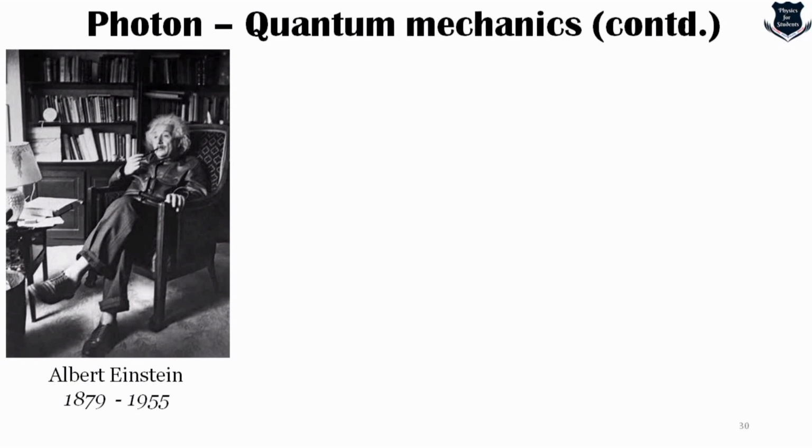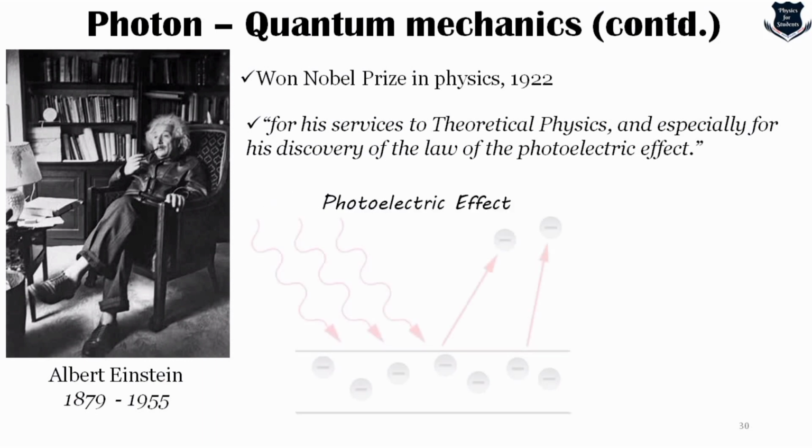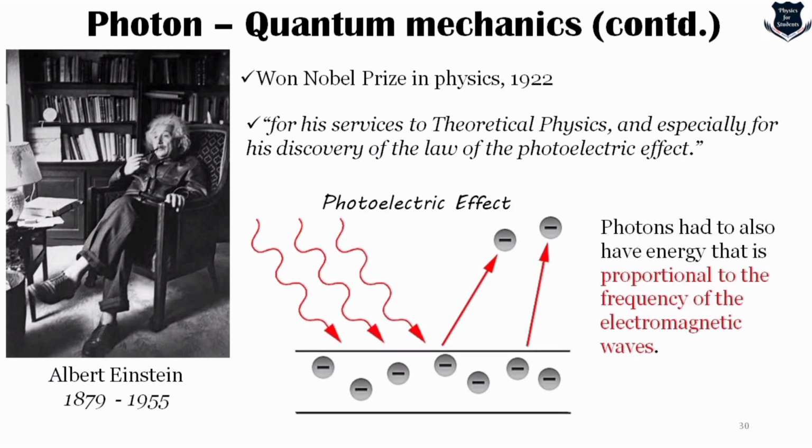And later, this great person, Albert Einstein, who won the Nobel Prize for the photoelectric effect, showed that energy packets are in fact massless particles, which became known as photons. The photoelectric effect shows that photons had to have energy proportional to the frequency of electromagnetic waves, and that is why this strikes off the electrons from a metal plate.